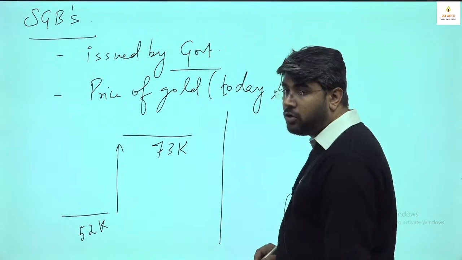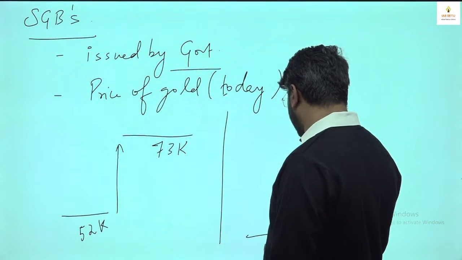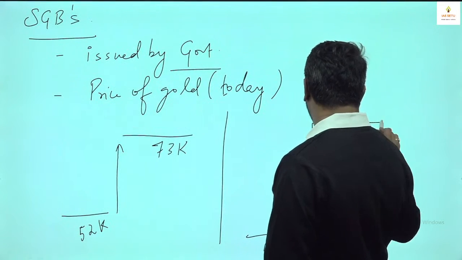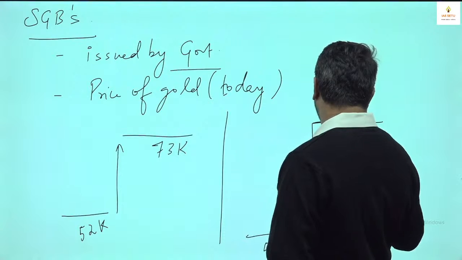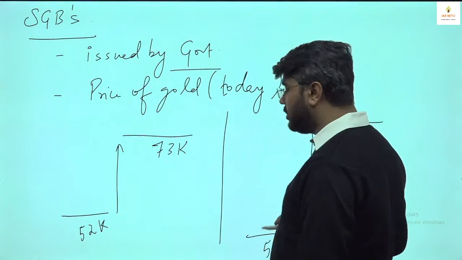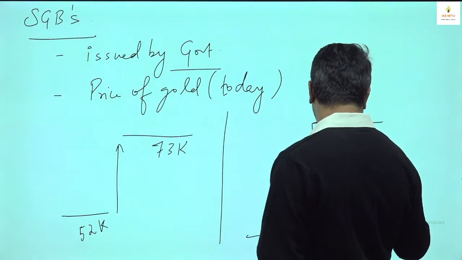Now if you purchase a gold bond, right, 52K का है, हमने 10 ग्राम ही खरीदा, so after 5 years it goes to, let's say, 73K. So this is obviously my gain as I have in physical gold, right? 21K तो ये मिला.